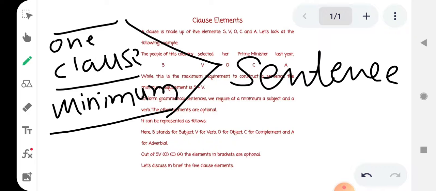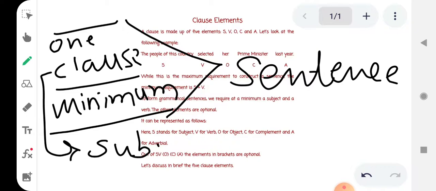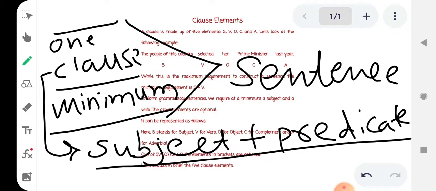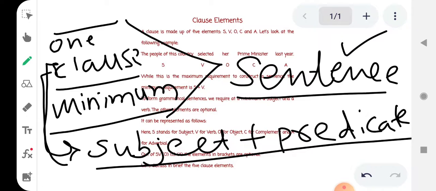That means if there is a subject plus predicate structure, a single subject and a single predicate structure, this becomes a clause, and at least one clause is required to form a sentence. What I said here, at least one clause.